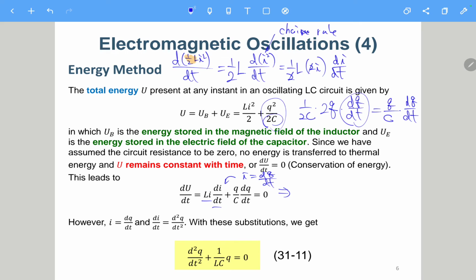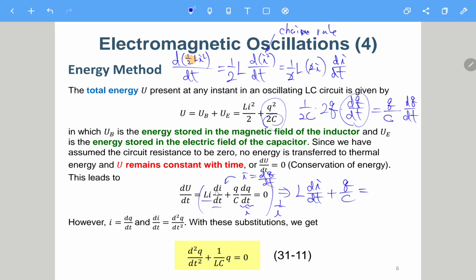Because we don't expect i to be 0, we can just divide by i on both sides. So it turns out to be L di dt plus q over C equals 0. This i and this i are cancelled, and this dq dt is actually i, so this i and this i also cancel.